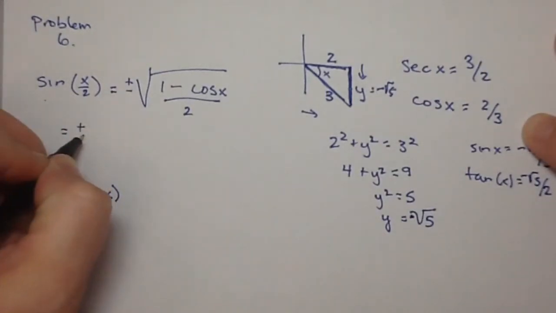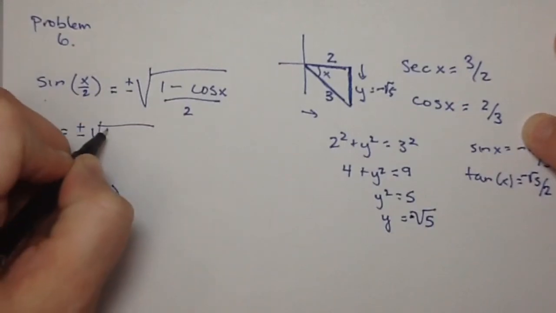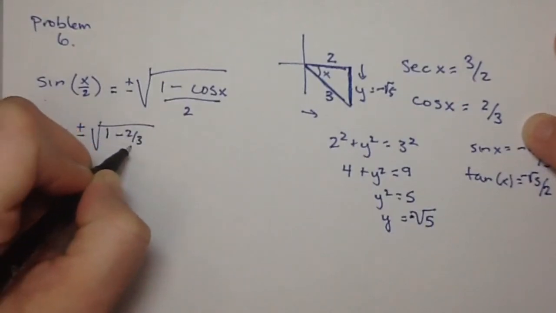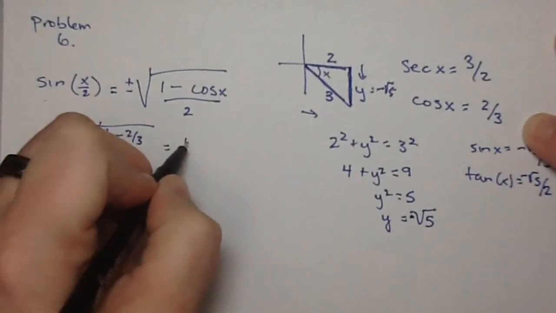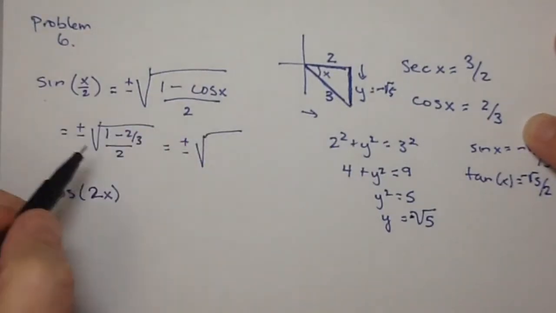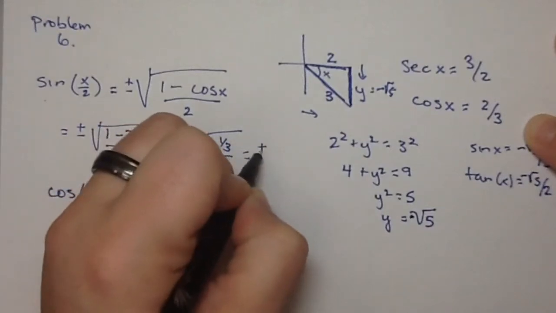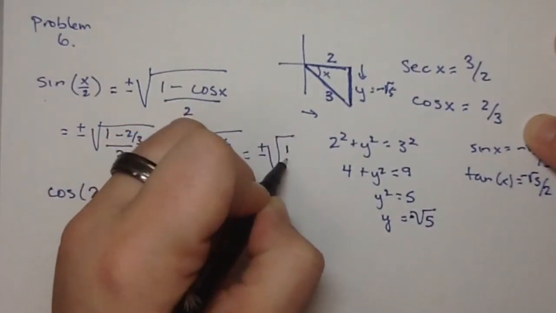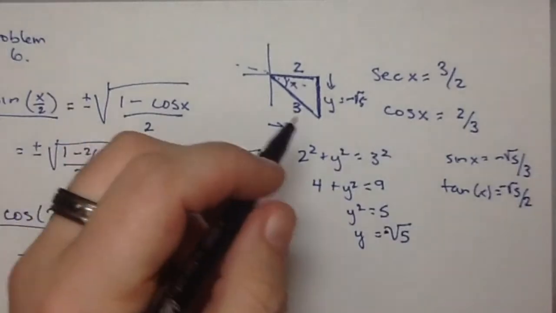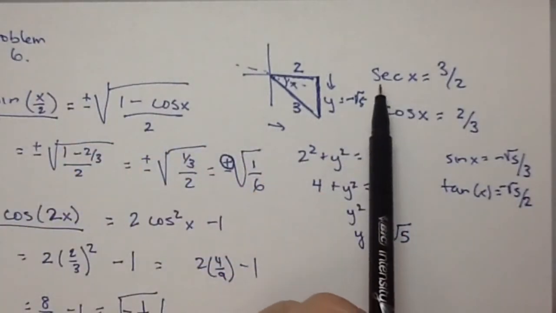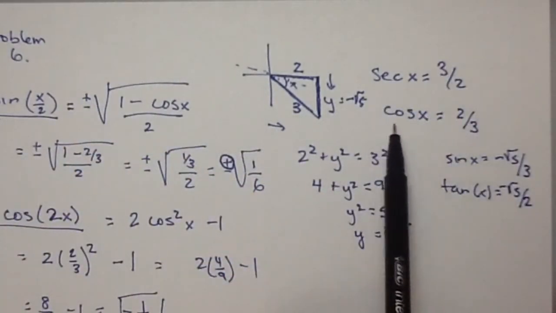So that becomes plus or minus the square root of 1 minus 2/3 over 2. So that's plus or minus the square root of 1/3 over 2. So we have plus or minus the square root of 1/6. Remember, we said we were given the secant of x is 3/2, which means the cosine is 2/3.